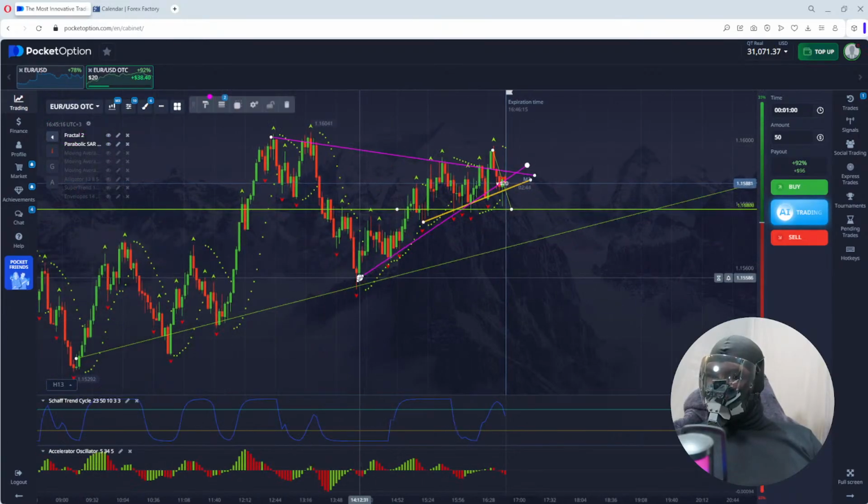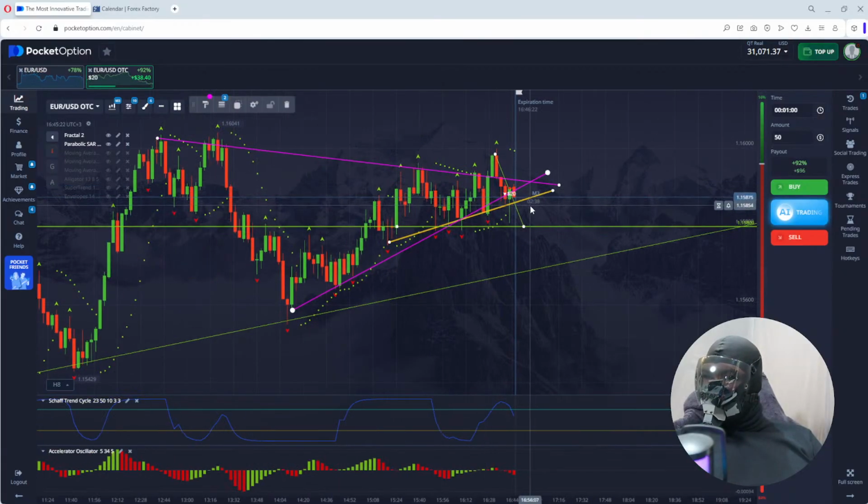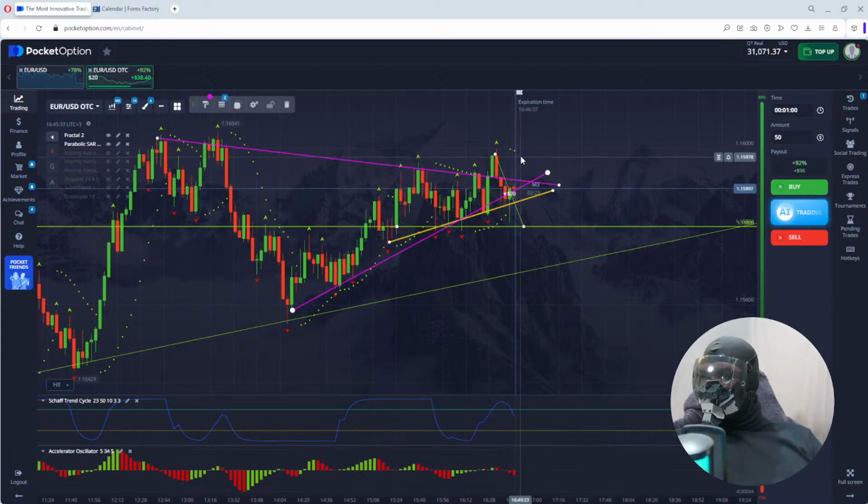All right, so we got a 1, a 2, a 3, a 4, a false breakout, and it looks like we also have a 5th false breakout. Yeah. All right, we did have a crossing here, we got a sell signal, so we got a parabolic.